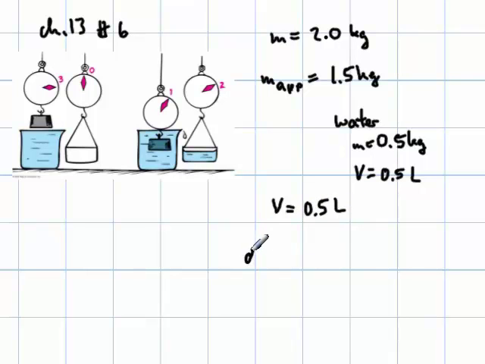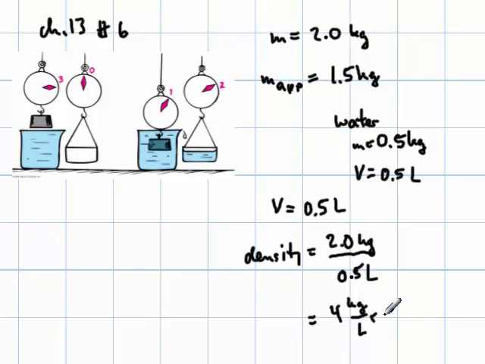Therefore the density is going to be the true mass of the object, 2.0 kilograms, divided by its volume of 0.5 liters, which comes out to 4 kilograms per liter, or 4 grams per cubic centimeter.